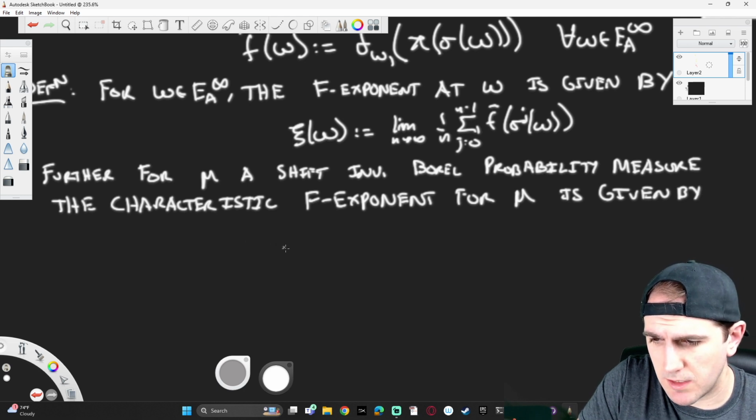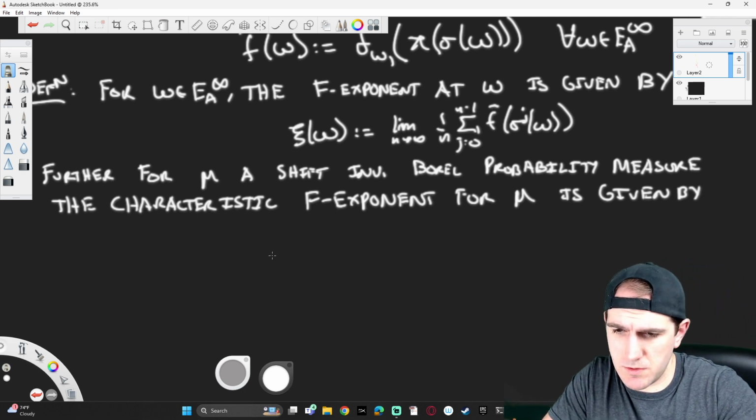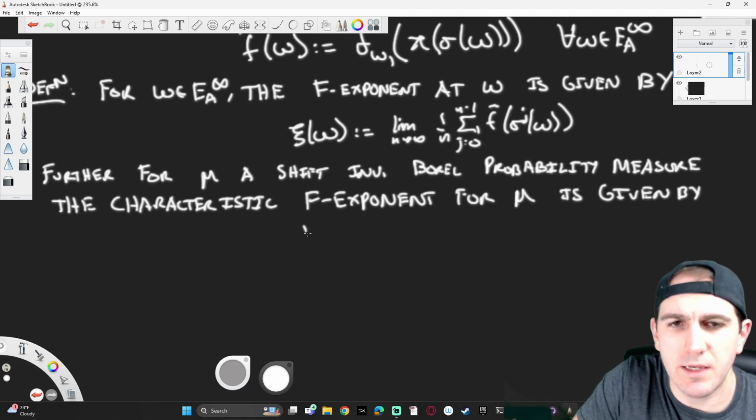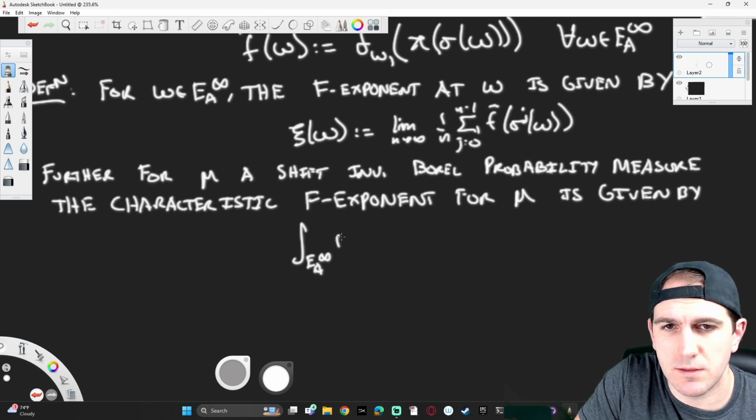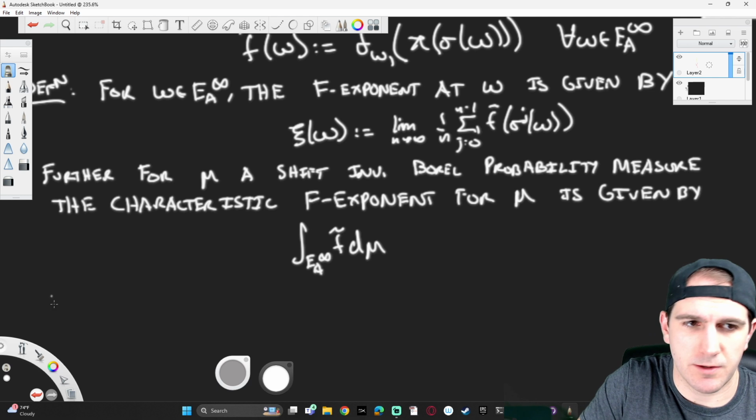and I want to make sure I do this right for notation going forward. Yeah, it is given by the integral over the symbol space of the amalgamated function with respect to that measure.